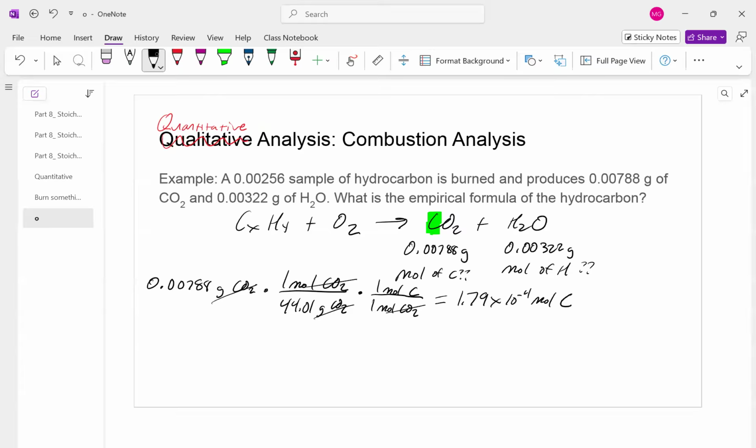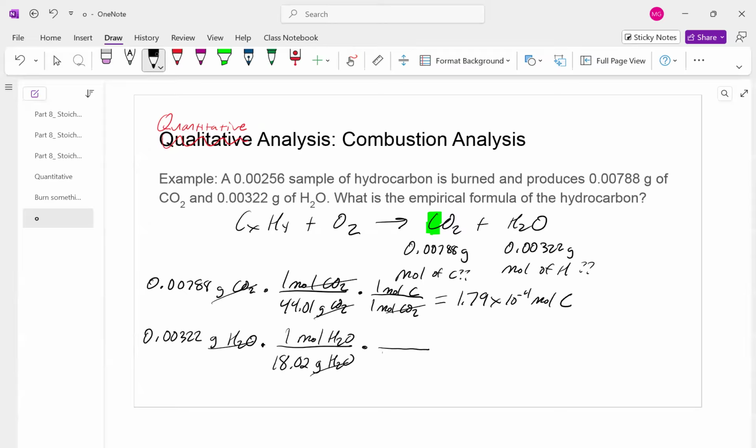I'm going to do the same thing now for hydrogen. So the thing that contains hydrogen is water, and the problem tells me I got this many grams of water from the reaction. So I'm going to get to moles of water by using the molar mass. So grams of water cancels out. How do I get to moles of hydrogen?